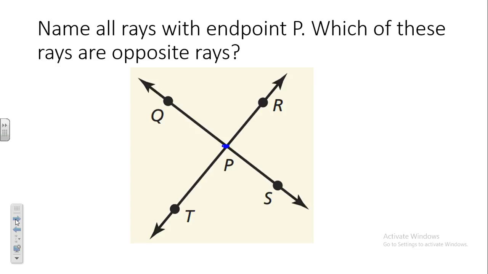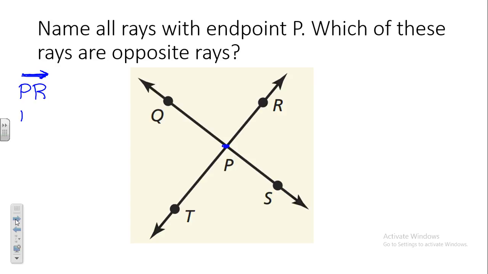All right, Olivia, do you have one for me? PR. Does everybody agree? What kind of symbol do I draw? Just one arrow. Good. Ray with one arrow. Okay. What's another one? Matthew.